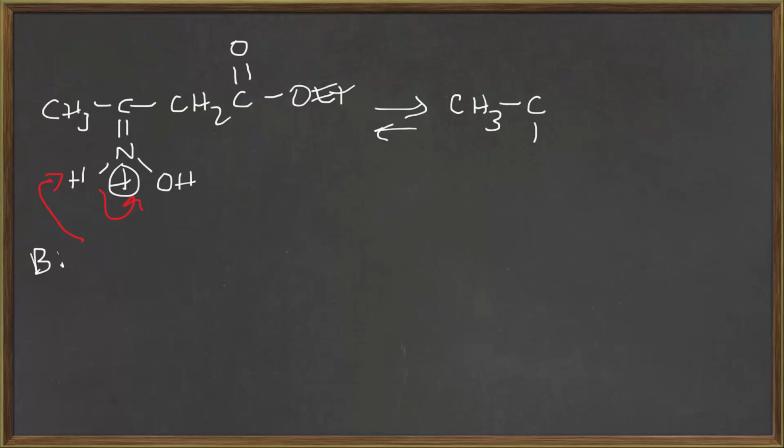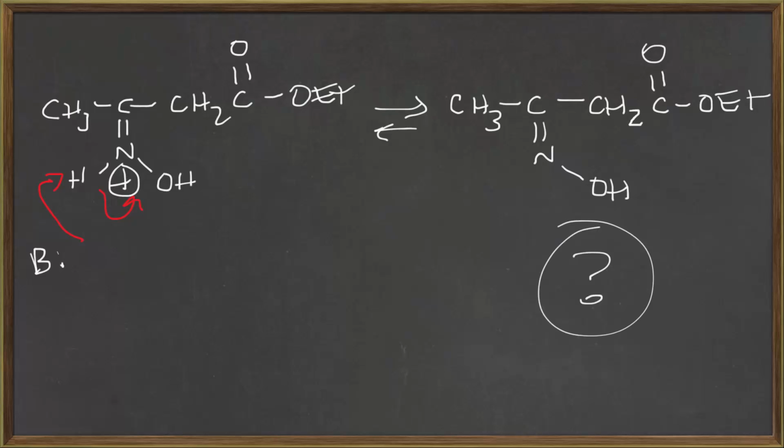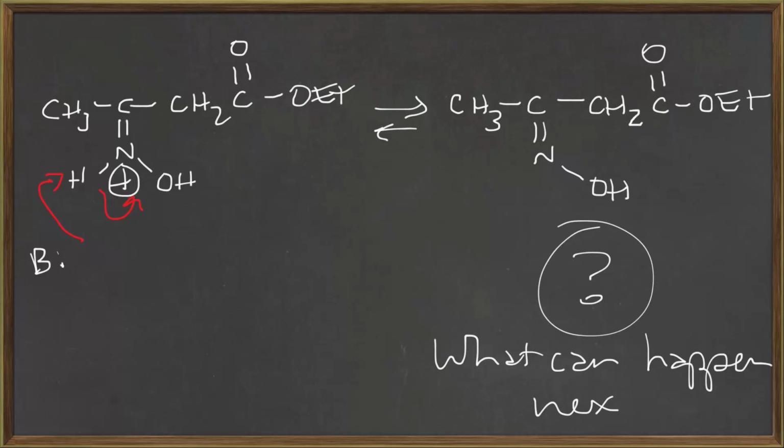Alright, so here we go. We have this. And of course, at this point it looks like a pretty nice product. But you have to stop and say, what can happen next? In other words, is there a nucleophile present?